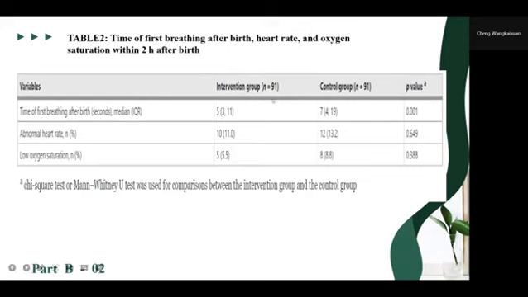Also, Table 2 does not influence the outcome of the article.